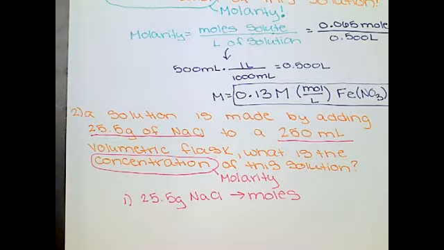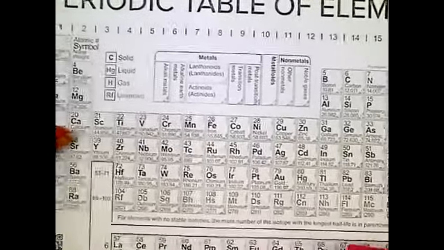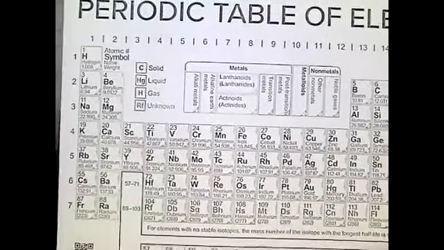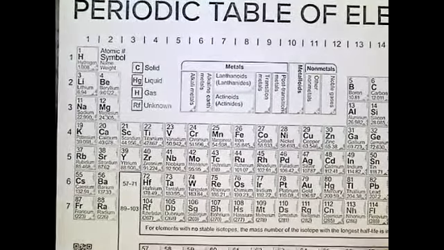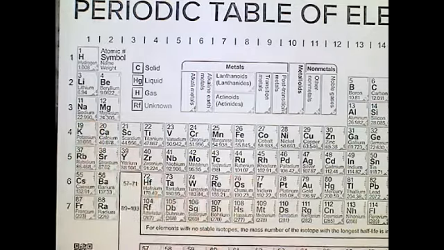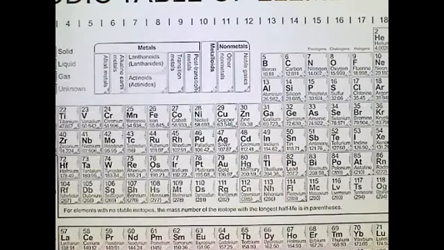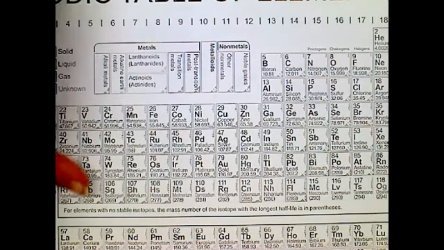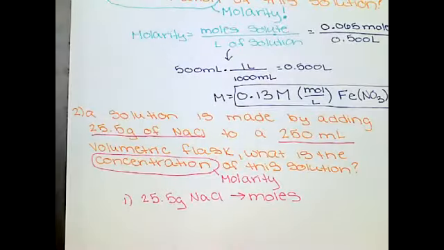In order to do that, we need to find the molar mass of NaCl. Using our periodic table, the same one that is on ptable.com, sodium is 22.99. Chlorine, there's just one chlorine, and this is 35.45. So I get 58.44 grams per mole.